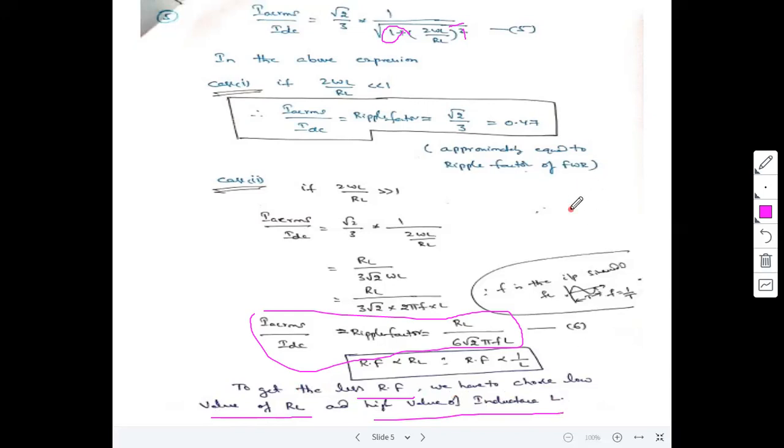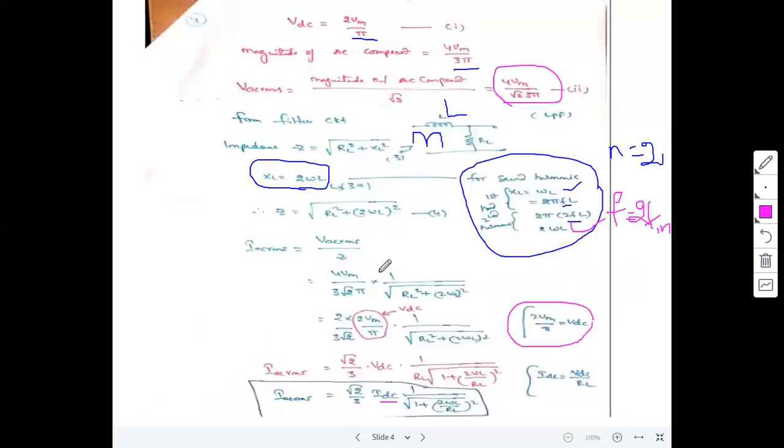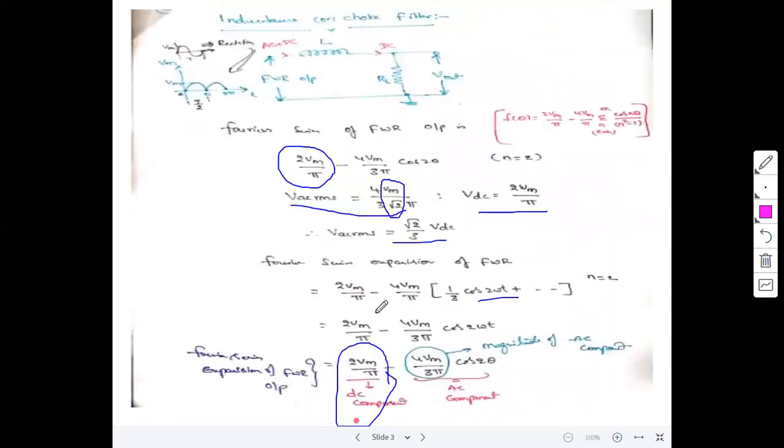In the inductor filter, there is not much improvement in the ripple factor. It is almost the same as the ripple factor of the full wave rectifier. Already we know the full wave rectifier ripple factor is about 0.48.